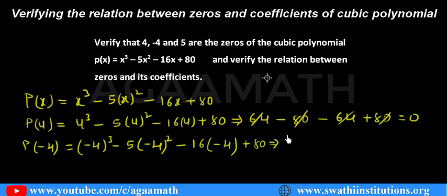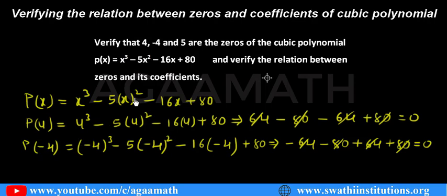Minus 4 whole cube is minus 64. Minus 4 whole square is 16; 16 into 5 is 80, that is minus 80. Minus of minus is plus, and 16 fours are plus 64, and plus 80. Similarly, these both get cancelled, so this is also equal to 0.